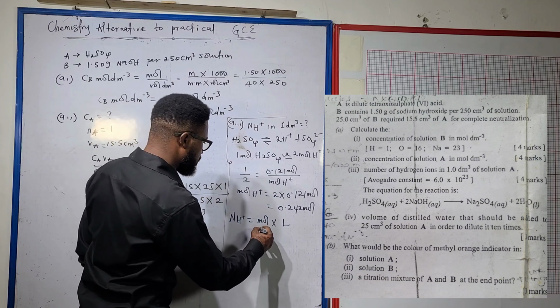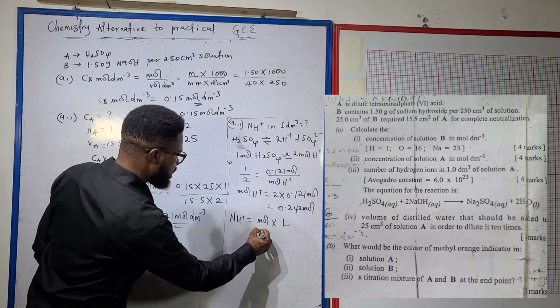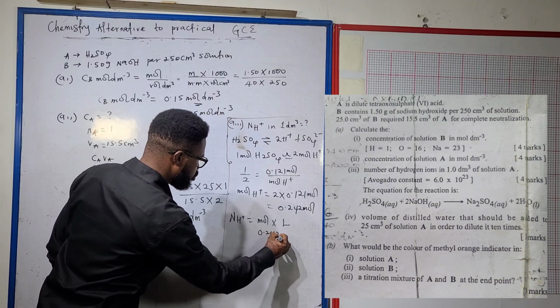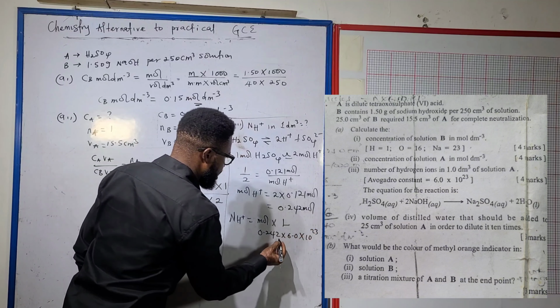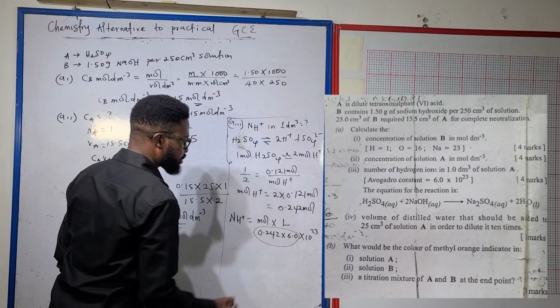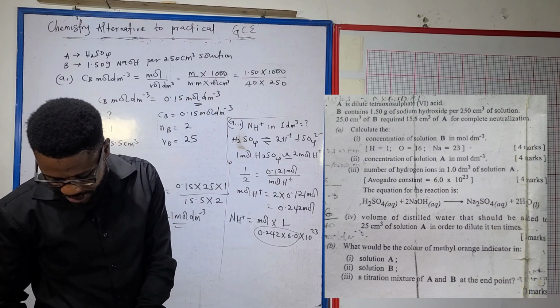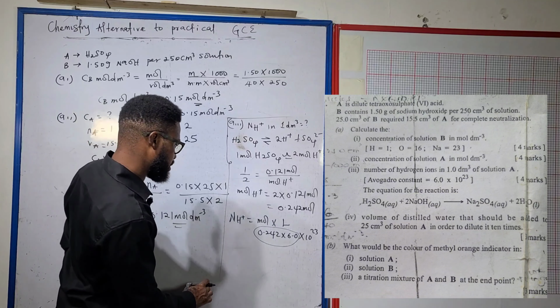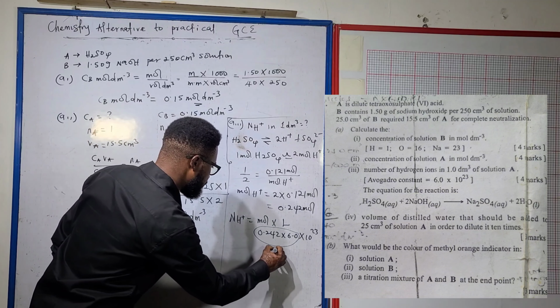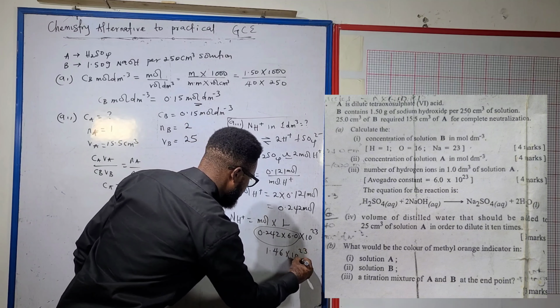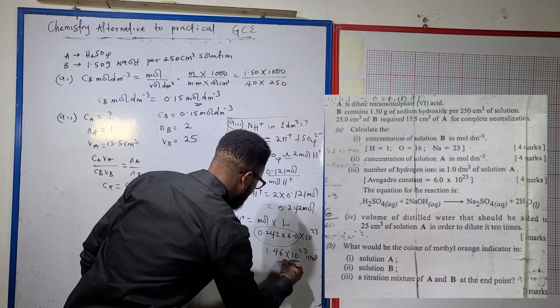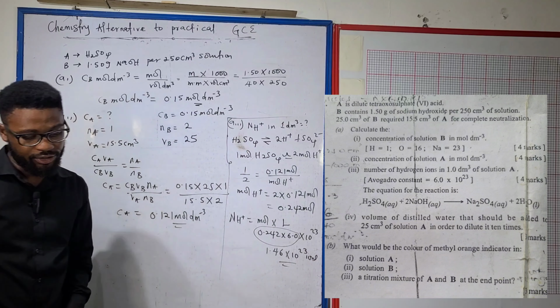So 0.242 times 6.0 times 10 raised to power 23, if I compute this, I get 1.46 times 10 raised to power 23 ions. So that is my number of hydrogen ions.